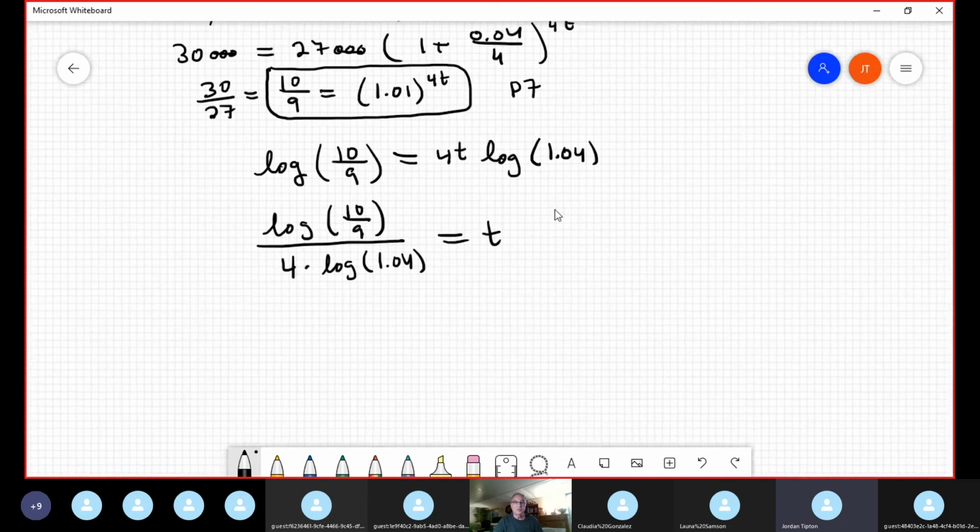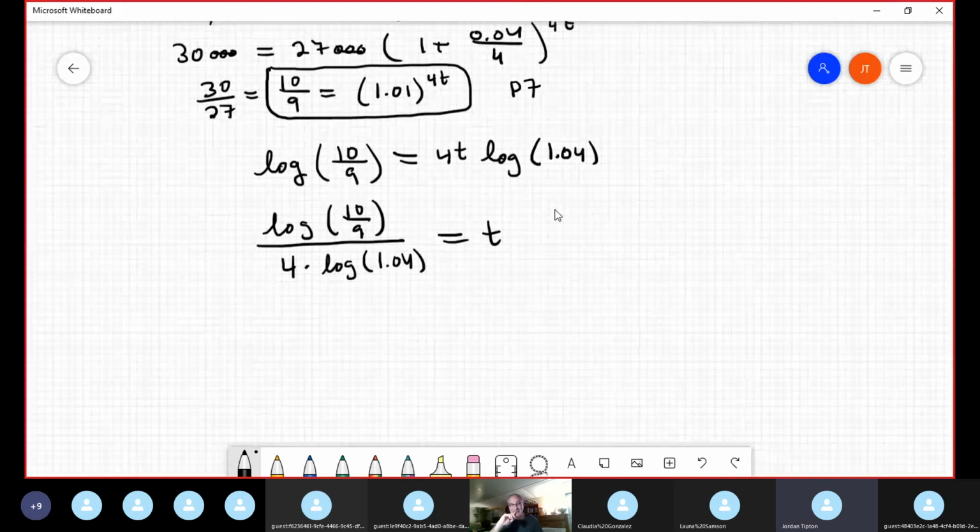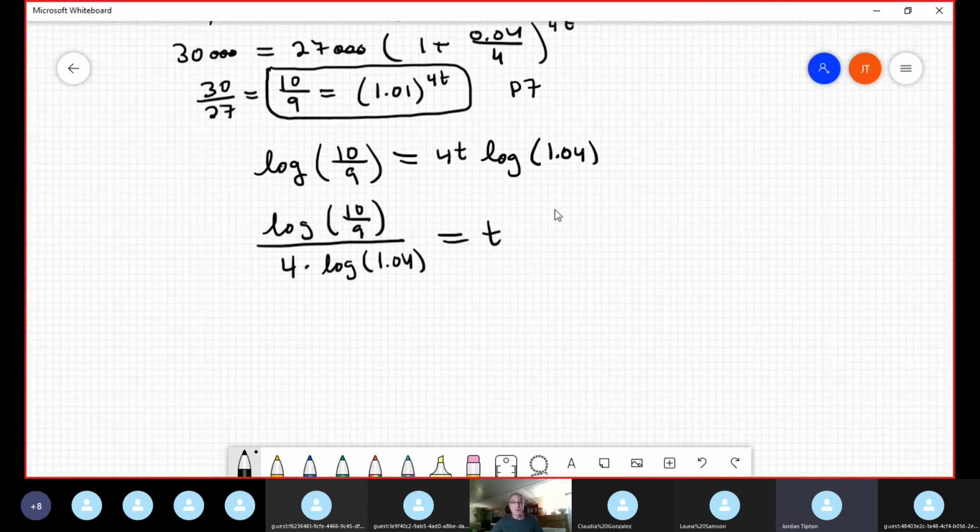How do you put this in your calculator? Be careful. 0.04 or 1.01? 1.01. You're right. Thank you. You put in the calculator like that: log, parenthesis, 10 division 9, close the parenthesis. I finish the top part. Division.